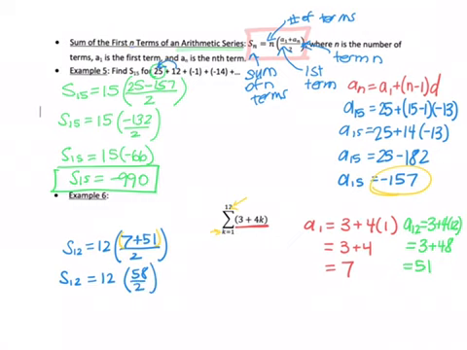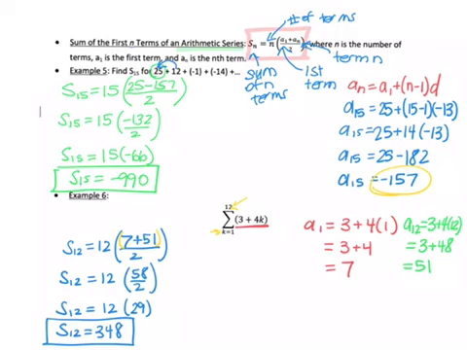So this would become 58 over 2, which is 29. And then if you do 12 times 29, you are going to get 348. So we find out that S sub 12, or the value of the sum of the first 12 terms of this described sequence is 348.